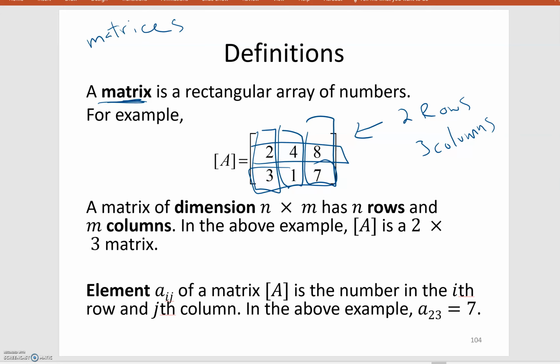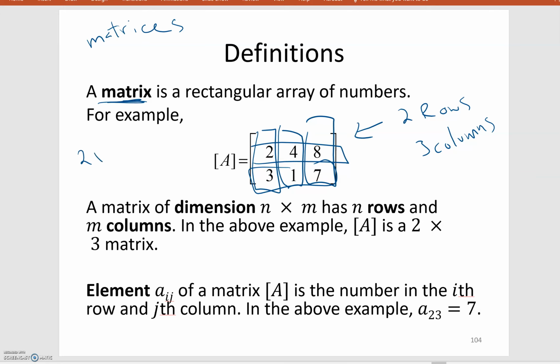This matrix, when we talk about the size or the dimension of the matrix, we're talking about the number of rows and the number of columns. So since we have 2 things to think about, we state the dimension sort of like when you buy lumber, it's like a 2x4, you know, from Home Depot, or Lowe's or something. So we state the rows times the columns. So this has 2 rows and 3 columns.